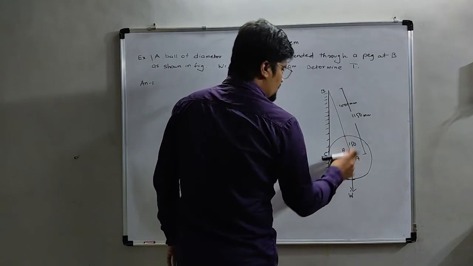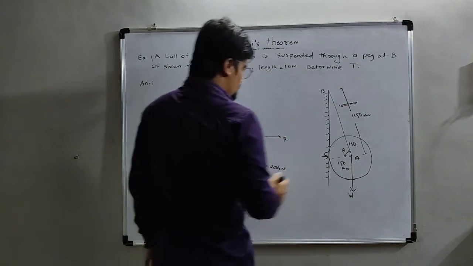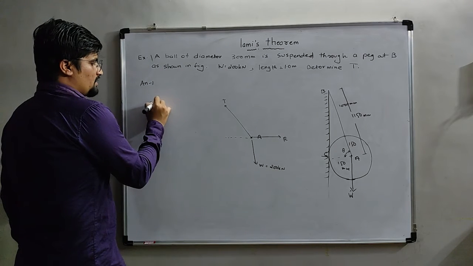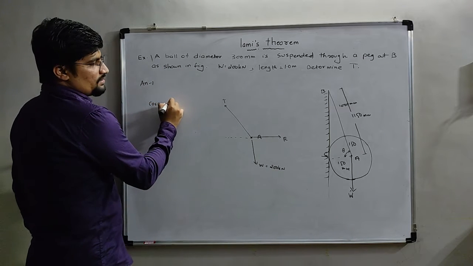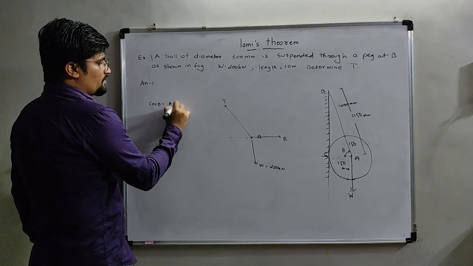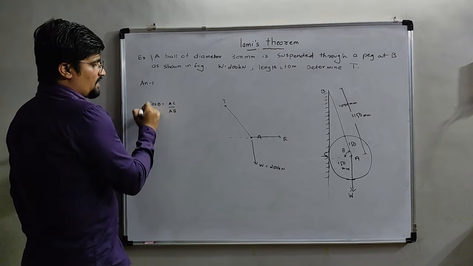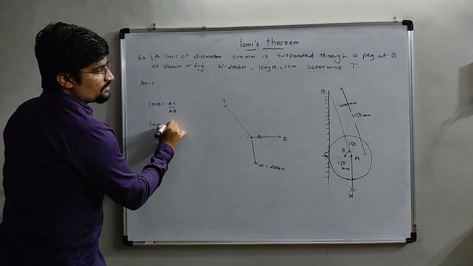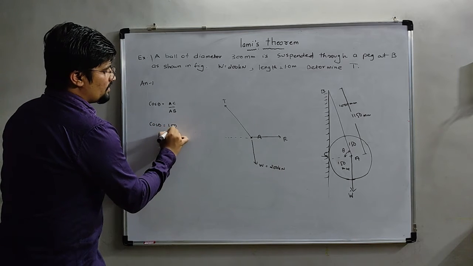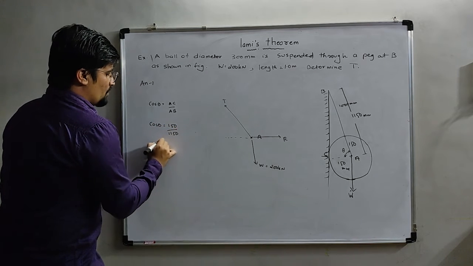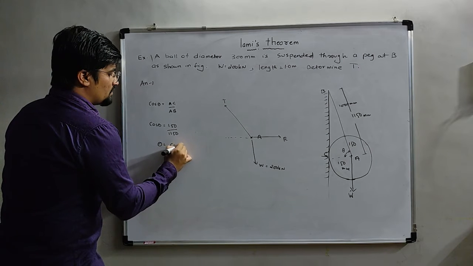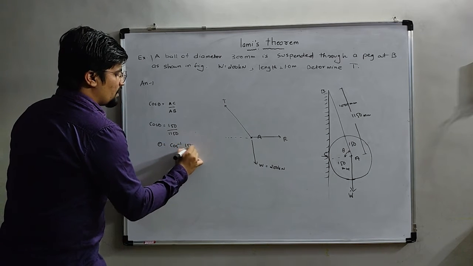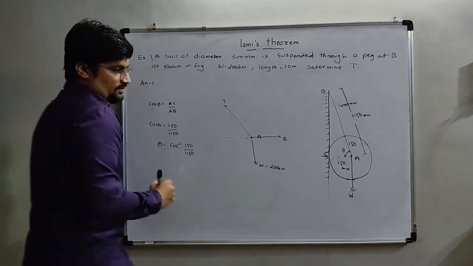So we have this side and this side. By using the equation of cos theta, which is AC upon AB, we get cos theta equal to 150 by 1150. So theta is equal to cos inverse 150 by 1150.